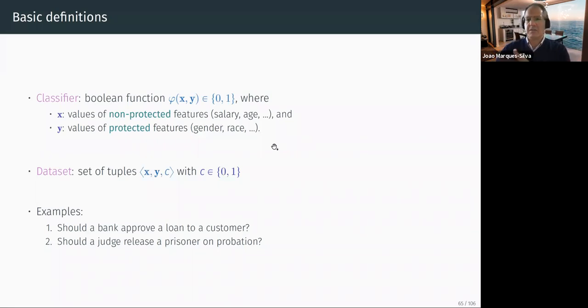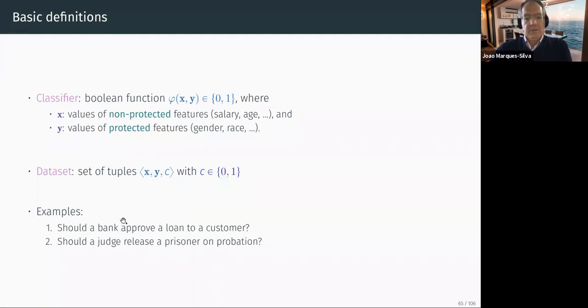So gender is an example, race is another well-known example. And so we define the classifier as a function on two sets, non-protected and protected features. And the data set will also be characterized like this. So we have the non-protected, the protected, and the classification itself. We are going to assume it's 0, 1. It really does not matter, okay?